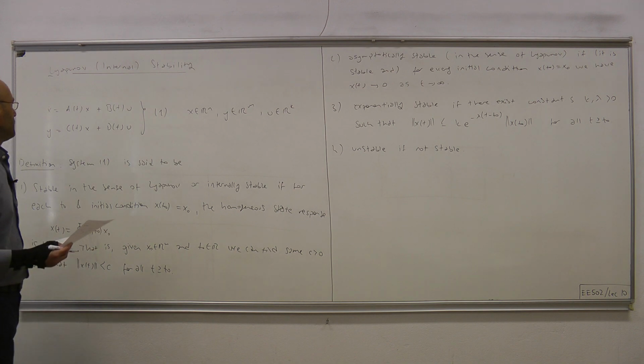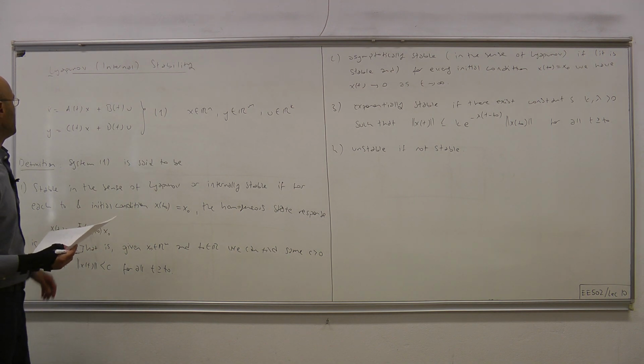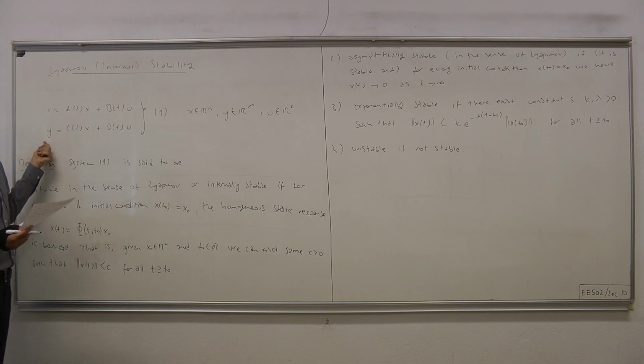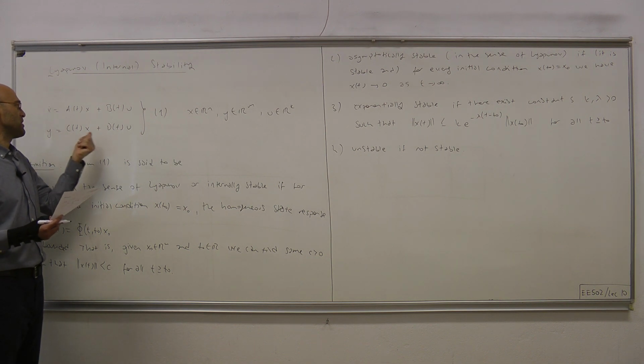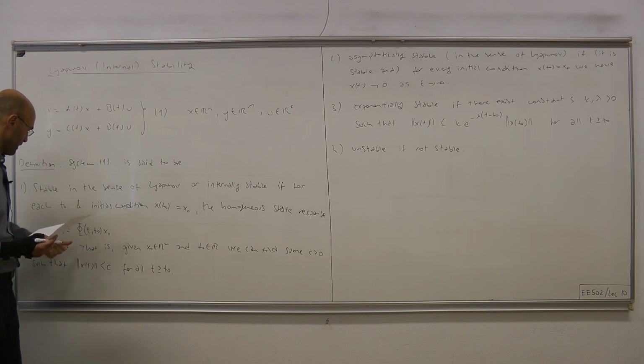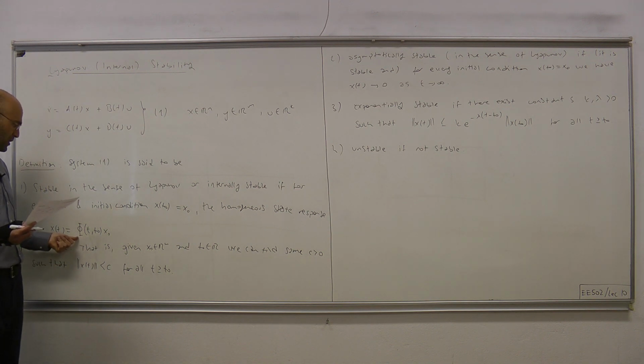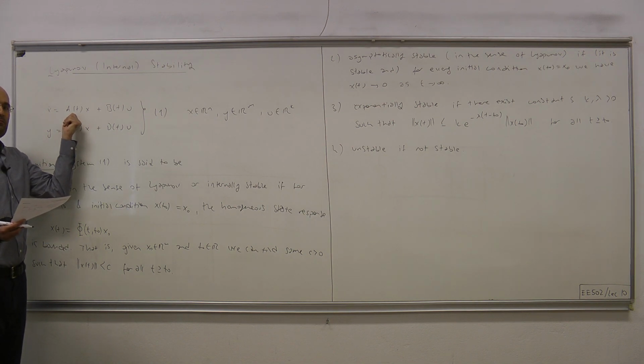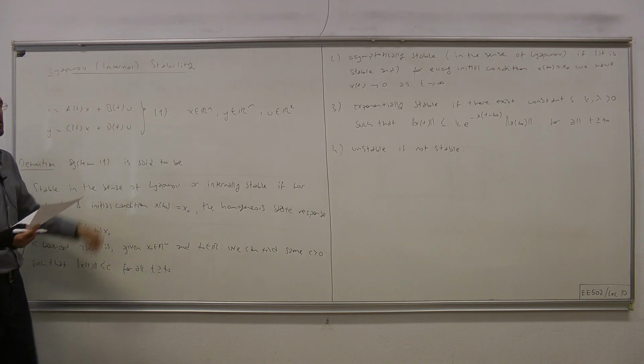Okay, now one thing to notice is that first, these definitions have nothing to do with the output, therefore they don't have to do with the matrix C and D. Furthermore, it's defined through the state transition matrix, and the state transition matrix depends only on the A matrix, okay, not on the B matrix or C or D matrices.